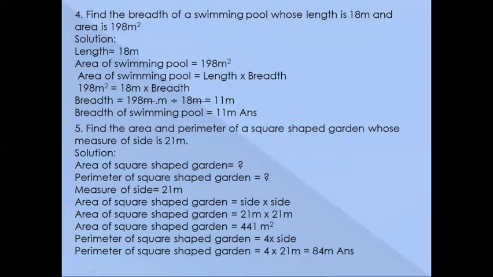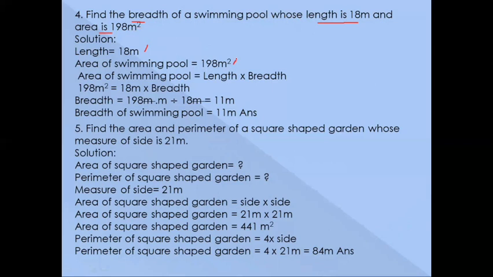So dear students, you will divide the area by the given value of length and we can find the value of breadth. Here we are given the length and we have to find the breadth, and area is also given here.